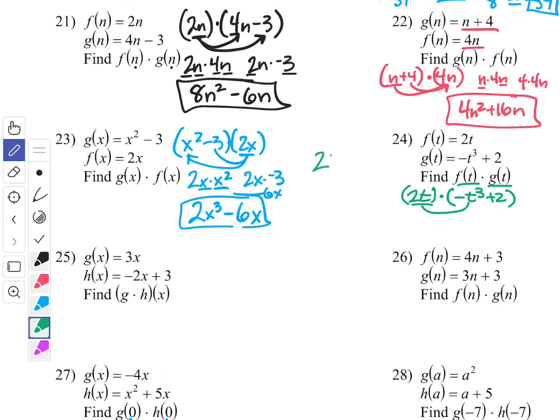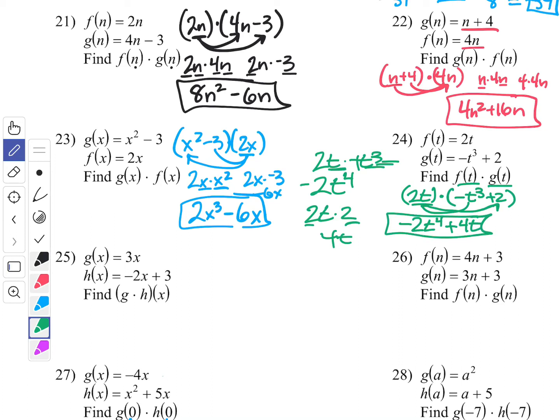So negative 2t, or positive 2t times negative t cubed. So that's actually negative 2, because that's like negative 1. So negative 1. Then t, we've got 1, 2, 3, 4. So t to the 4th. Okay, then 2t times 2, 2 times 2 is 4, so we get 4t positive, so plus 4t. And there's my new function.